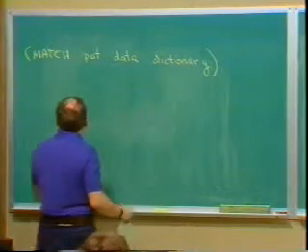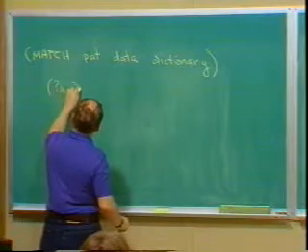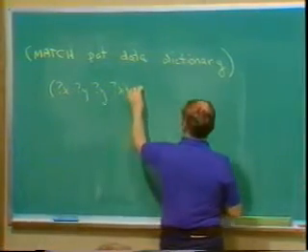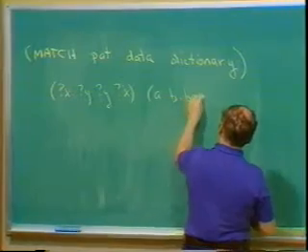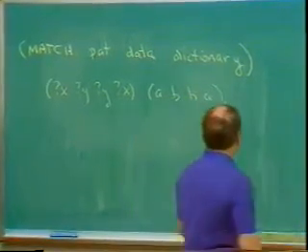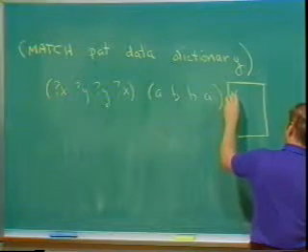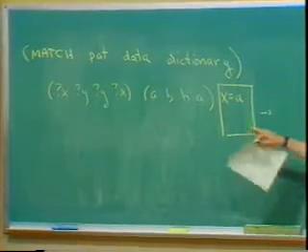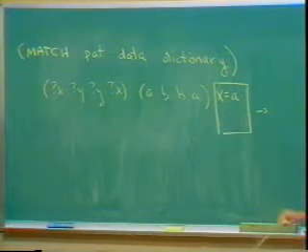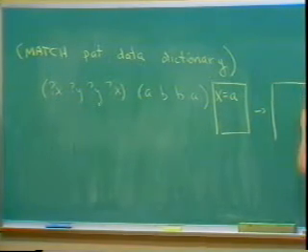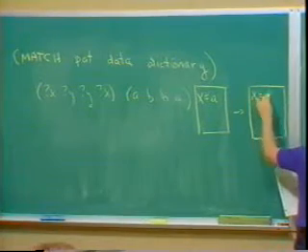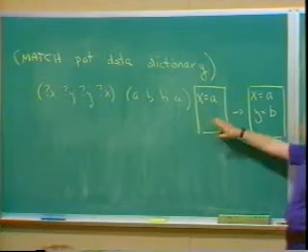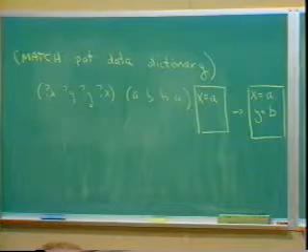So for instance, if we're going to match the pattern X, Y, Y, X against the data A, B, B, A, subject to a dictionary that says X equals A, then the matcher would say, yes, that's consistent, these match, and it's consistent with what's in the dictionary to say that X equals A, and the result of the match is the extended dictionary that says X equals A and Y equals B. So a matcher takes in pattern, data, and dictionary, puts out an extended dictionary if it matches, or if it doesn't match, says that it fails.